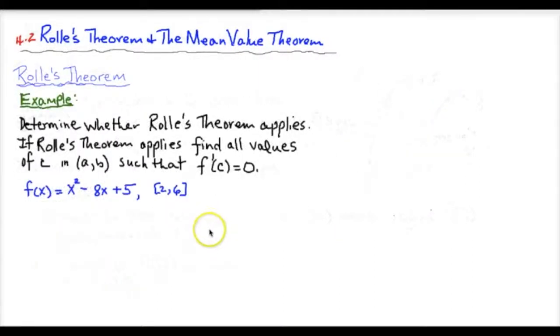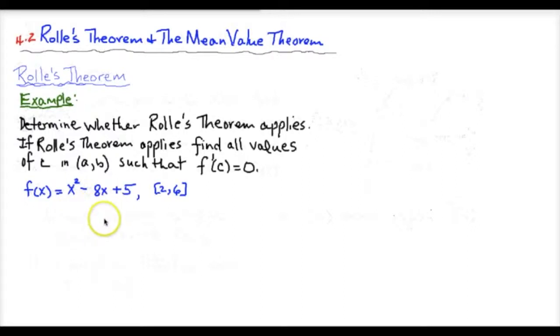Here's an example where we will be using Rolle's theorem. Determine whether Rolle's theorem applies. If Rolle's theorem applies, find all values of C in (A, B) such that f prime of C is equal to 0. Okay. Here we have a problem. It's a function whose graph is going to be a parabola.